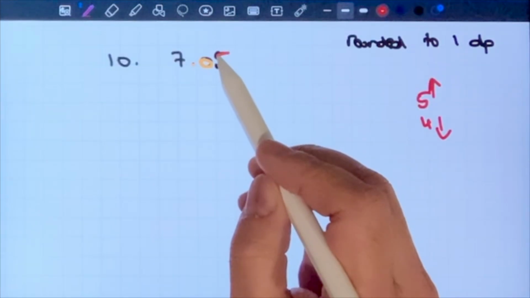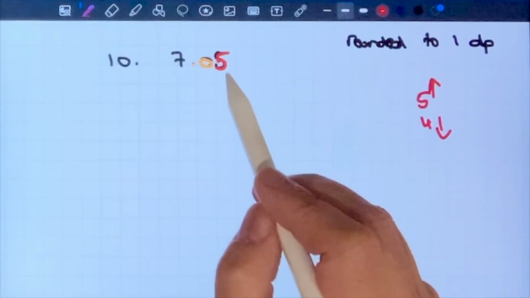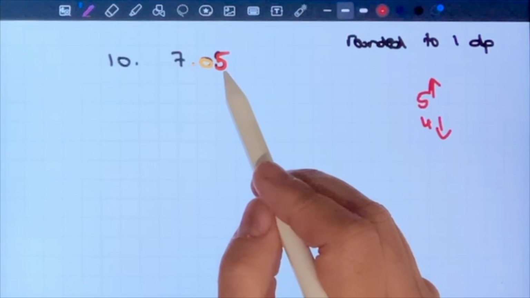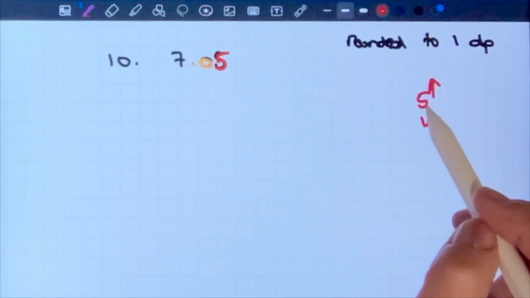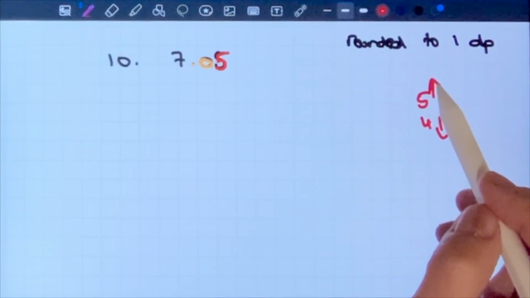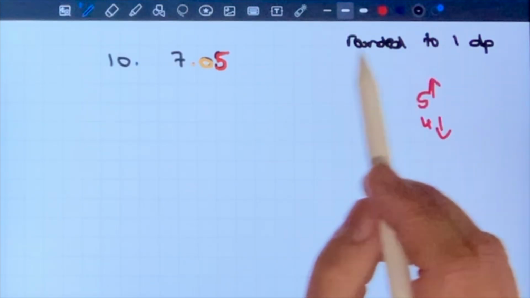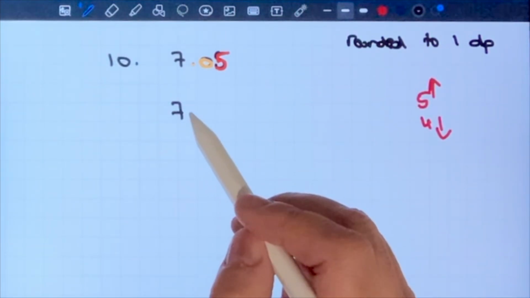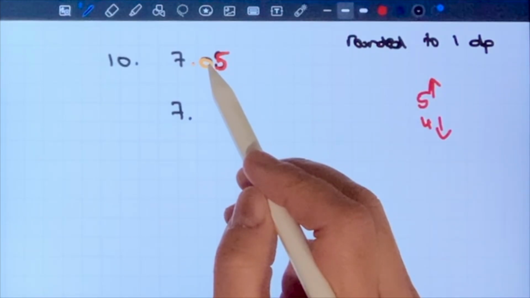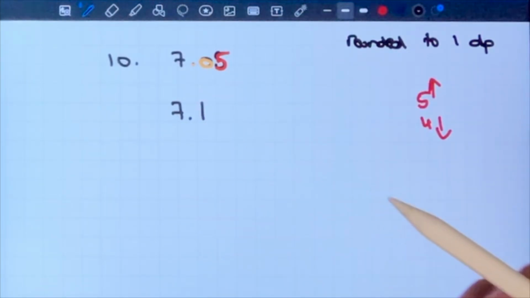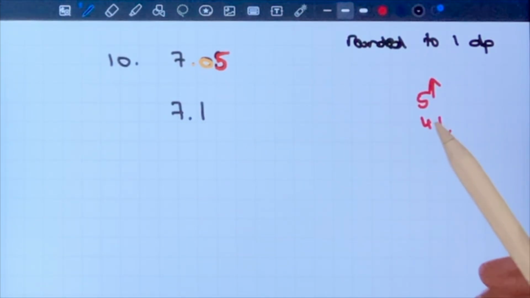So I look at the critical digit immediately to its right and I can see that it's a 5. 5 gets rounded up. Therefore, my answer will be 7 point, so this is going to get rounded up to 1. 7.1. Okay.